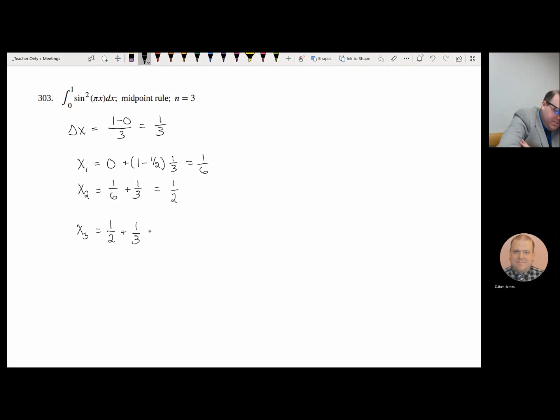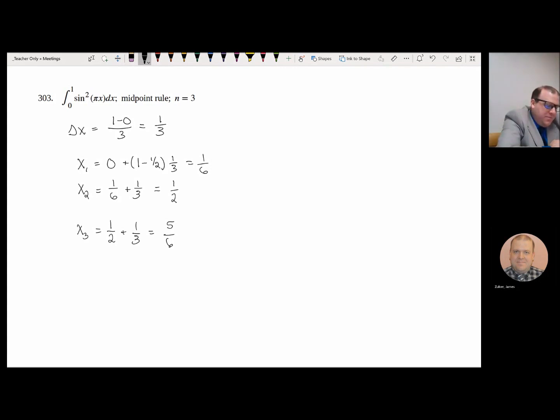A half plus delta x. So that's 3/6 plus 2/6, so 5/6. That is the formula for finding the midpoint: a plus i minus a half times delta x. In this case, i is 1, so that's why it's 1 minus a half.